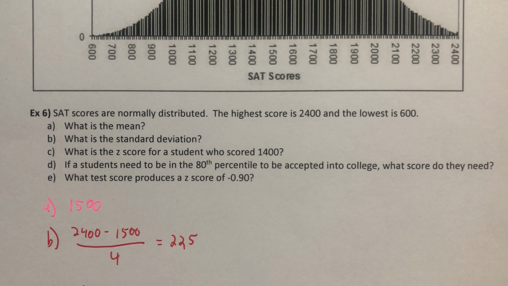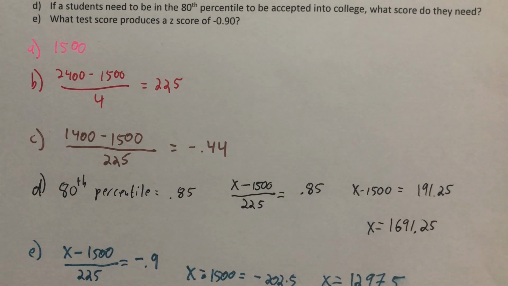All right, if a student wants to get accepted into a specific college, they need to make an 80th percentile to get in. What score do they need? So if we go back to the z-chart that we had before, and we look at the 80th percentile, it has a z-score of 0.85. So that came off the chart from the previous page.